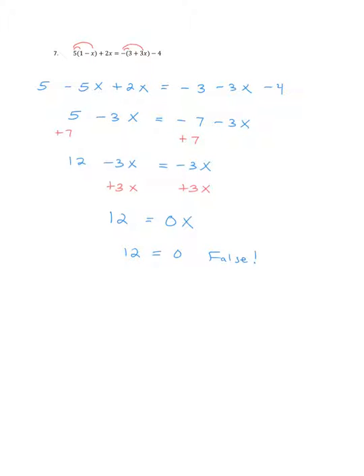And here's what all this means. If you end up at a false statement, you're just basically saying, well, okay, those things can't be equal. But if that's true, none of the previous equations can be equal either. Altogether, what this means is there is no solution to this equation. So I'll just put no solution.